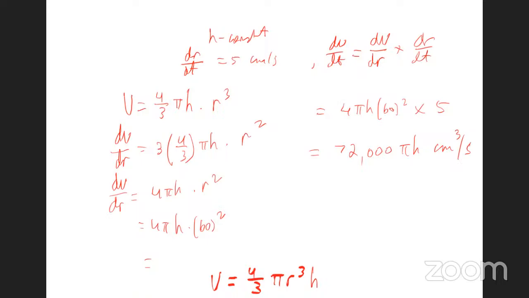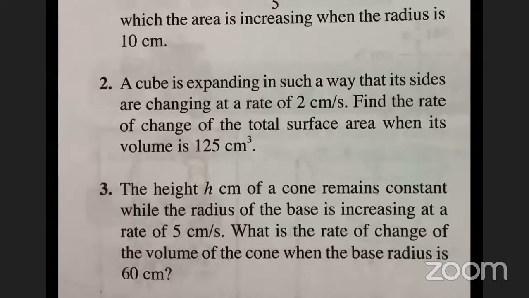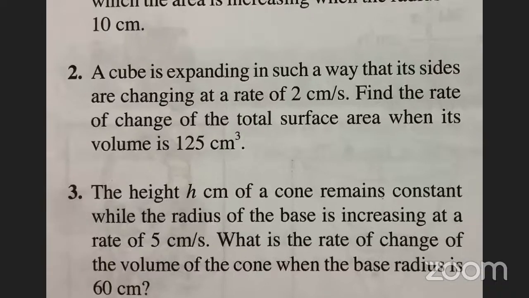Let's try number 2. Take your time. They said total surface area. How do you find the surface area of a cube? 6 times all the sides.